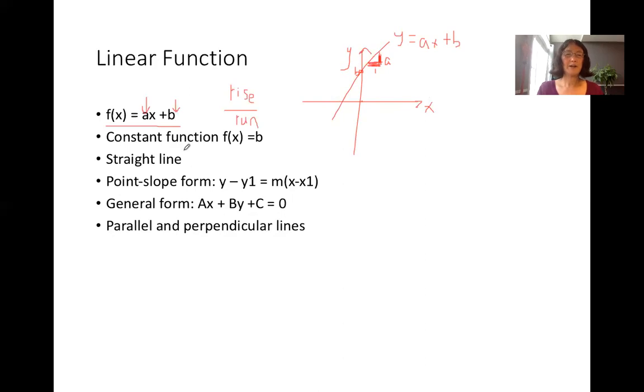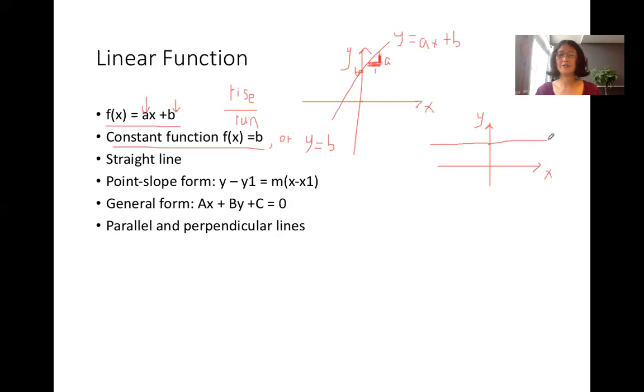A special format of linear function is a constant function: f(x) equals b, or y equals b. When you have y equals b, no matter what x you get, y always equals b. So the line should be here.